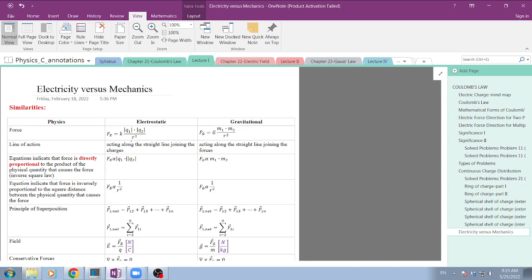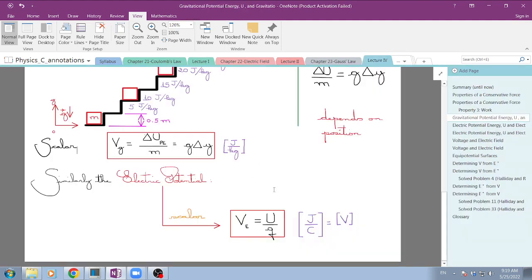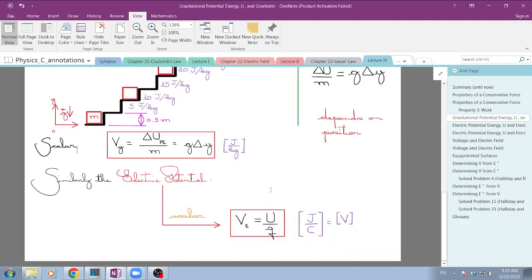Since they are conservative forces, we can generalize that for the electric potential. The electric potential is going to be exactly the same. We are going to allocate a certain amount of energy, but in this case not per mass but per charge.